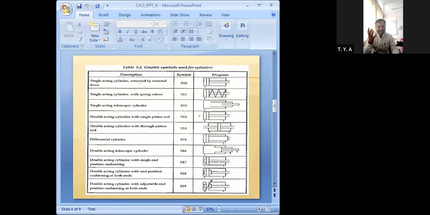Please just remember the standard symbols of a few cylinders, that means the single acting and double acting, which are essential. Other ones are no problem, then the telescopic and others. Then we'll go for the next one.